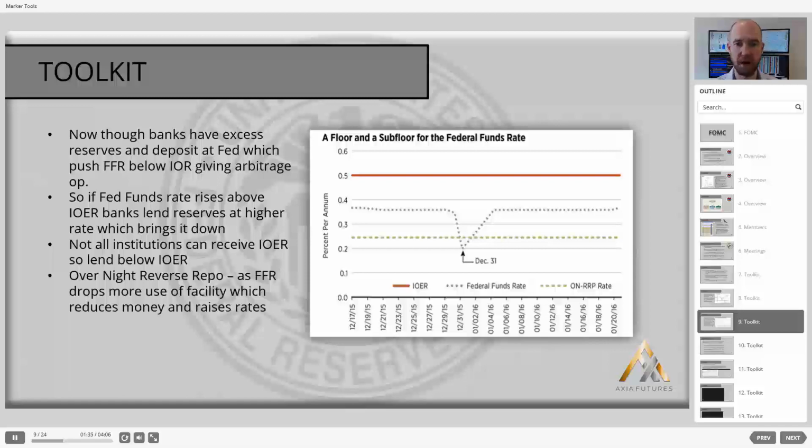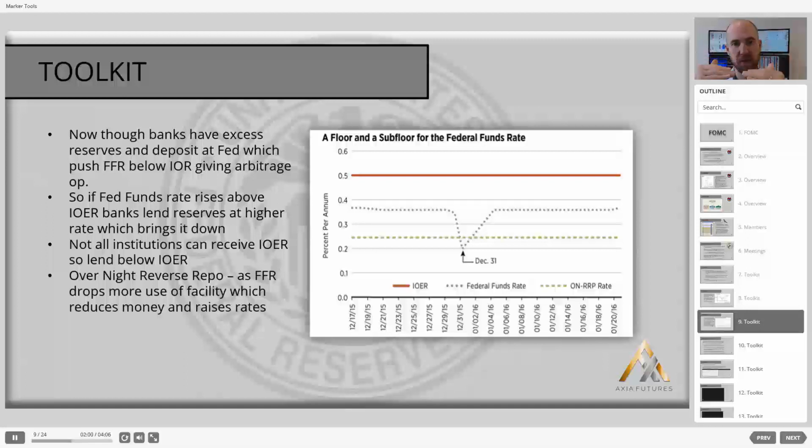So overnight you are only basing it on the trust that your counterparty is going to pay you back the money the next day. The overnight repurchase operation allows a greater number of institutions to actually earn interest by depositing money at the Fed, so a short-term loan to the Fed in exchange for collateral. So this then forms the lower bound.